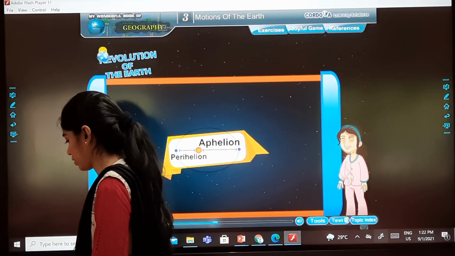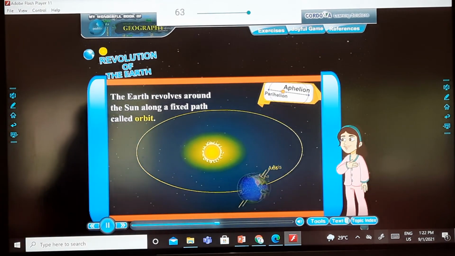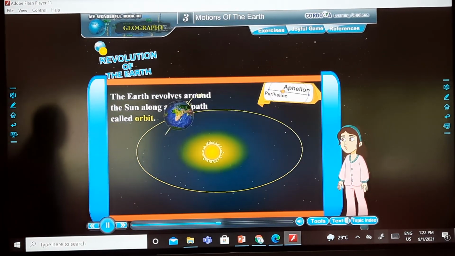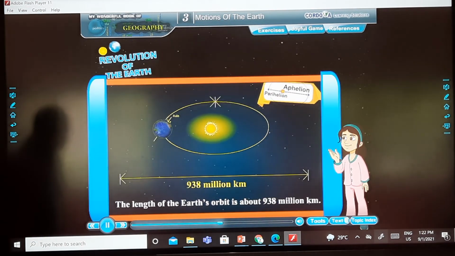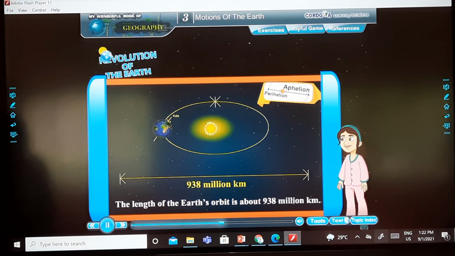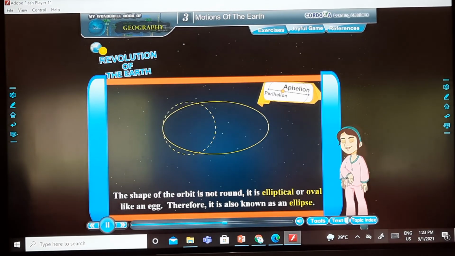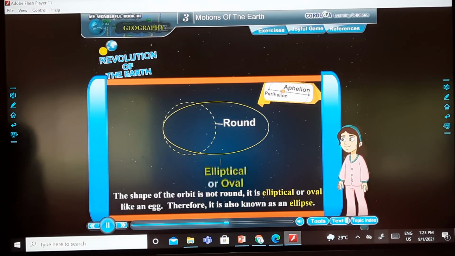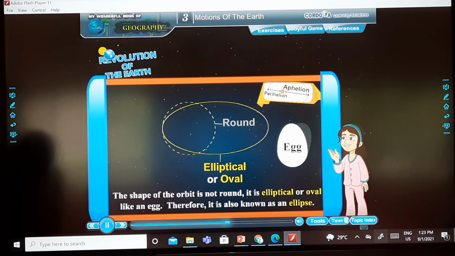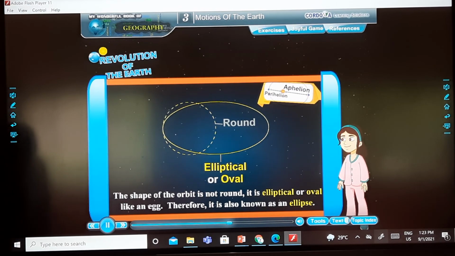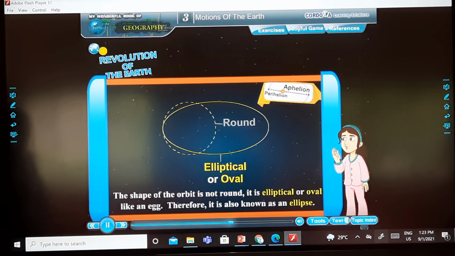Aphelion and perihelion. The earth revolves around the sun along a fixed path called orbit. The length of the earth's orbit is about 938 million kilometers. The shape of the orbit is not round. It is elliptical or oval like an egg. Therefore, it is also known as an ellipse.